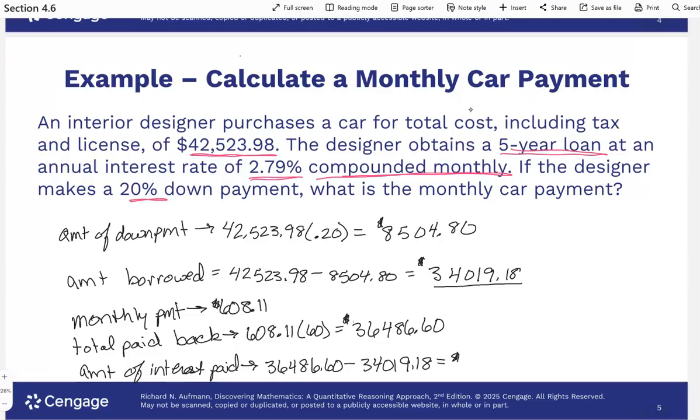You can see that there was $2,467 and some change paid back. So there's our total interest. So we took this question a little bit further. It just asked for the monthly payment, but you can see how much interest is paid in that 5 years for that particular problem.